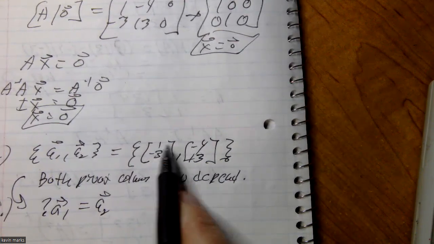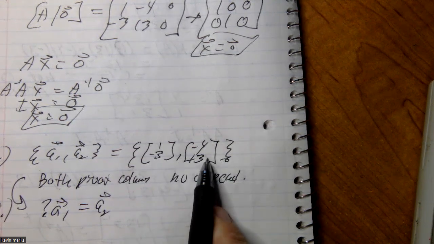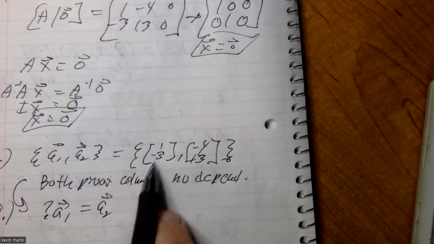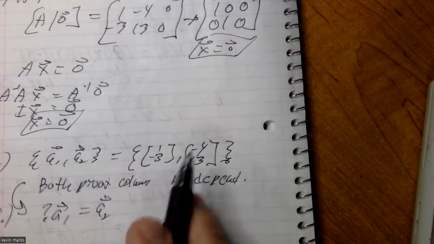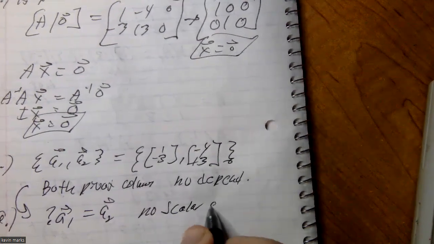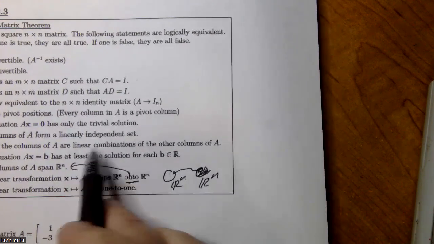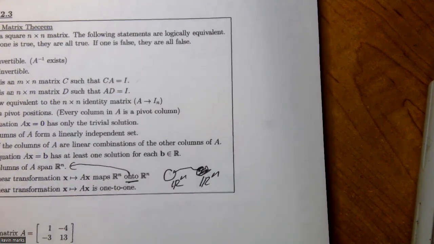No, right? Because look, if I multiply the top one by -4, that is certainly not going to turn the bottom one into 13, right? There's no scalar you can multiply this whole thing by and get to here, right? So no scalar exists. So they're not scalar multiples of each other, so they are not linear combinations of each other, right? All right, what about 10?